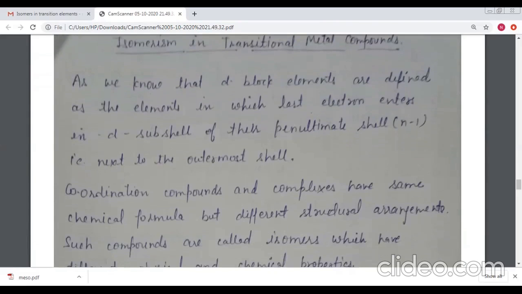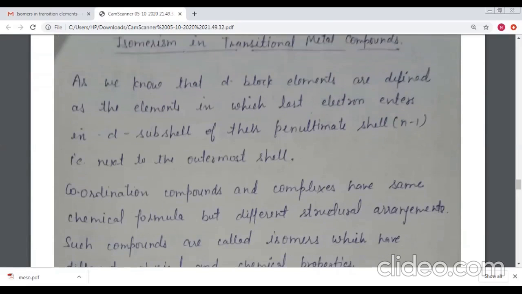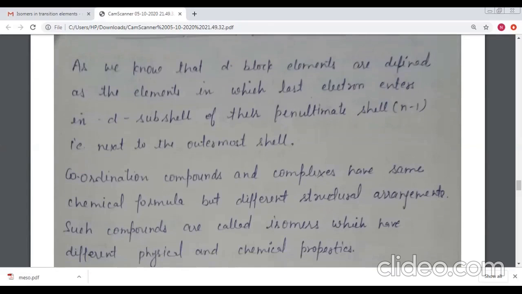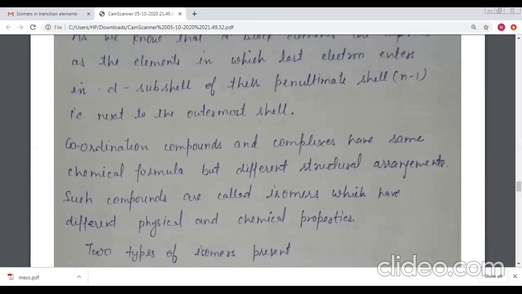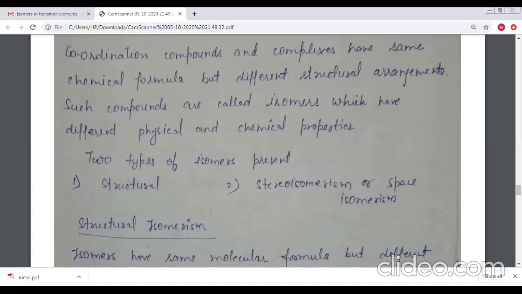When we hear the word transition metals, one word comes to mind: d block elements. d block elements are defined as elements in which the last electron enters the d subshell of their penultimate shell, that is n minus 1, next to the outermost shell. They are called transition elements. Coordination compounds and complexes can have the same chemical formula but different structural arrangements.